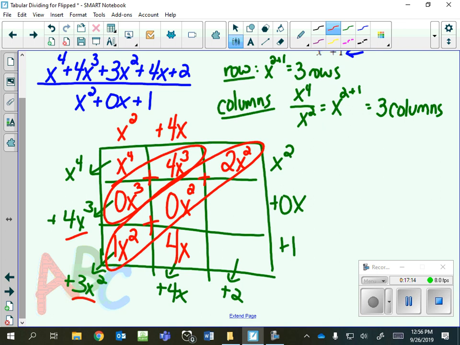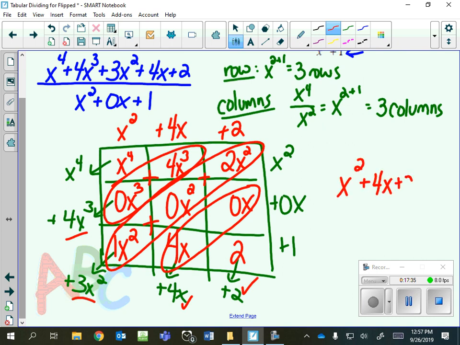Top piece should be a positive 2. Now I multiply. 2 times x squared is 2x squared. 2 times 0, 0x. 2 times 1 is 2. Check that both of your extra columns line up. 4x and 0x works. 2 works. So my answer is x squared plus 4x plus 2.